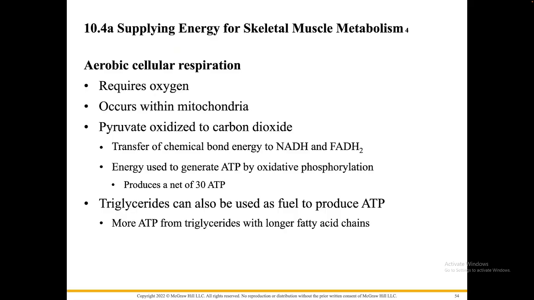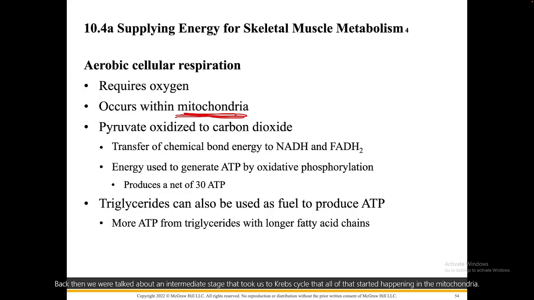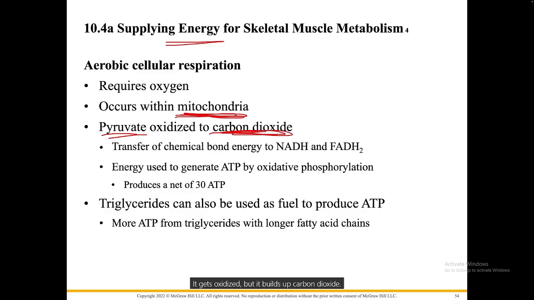If I really start needing energy, that's when we get into cellular respiration. Yeah, we would go past the glycolysis. Back then we were talking about an intermediate stage that took us to the Krebs cycle, but all of that happens in the mitochondria. Here's where my endurance energy is going to come from. That pyruvate that I made in glycolysis gets oxidized, but it builds up carbon dioxide. I mean, this is poison stuff.